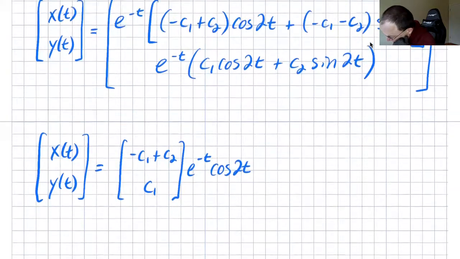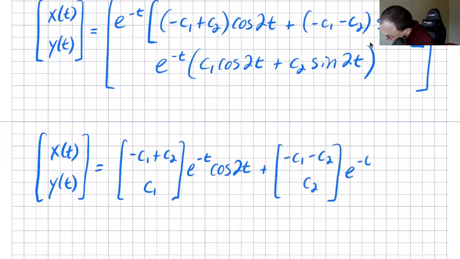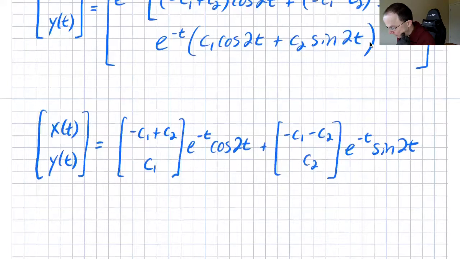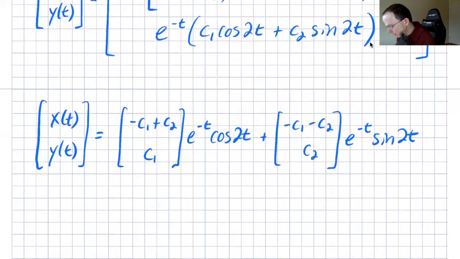And then we also have plus negative c1 minus c2, and then c2 down here.